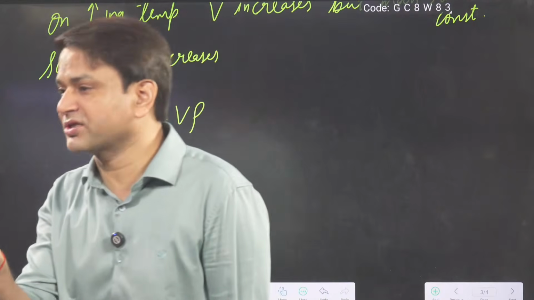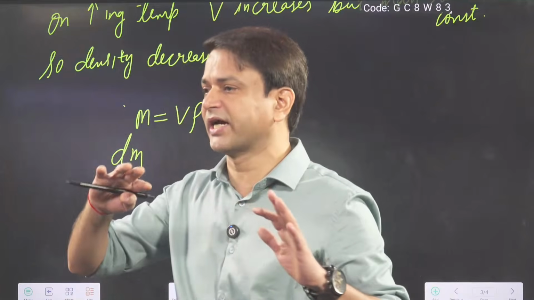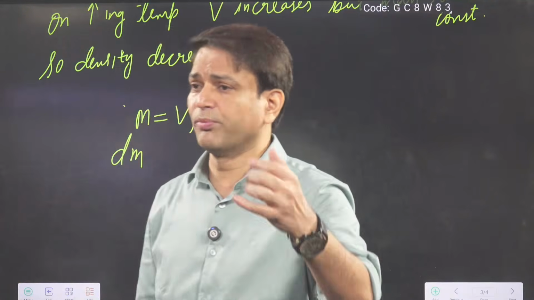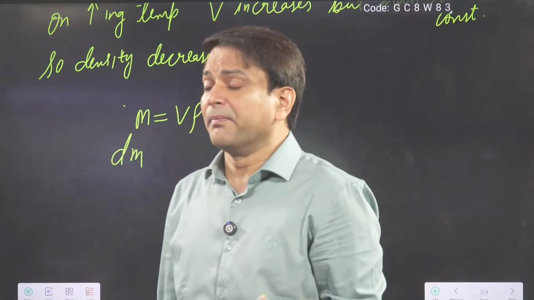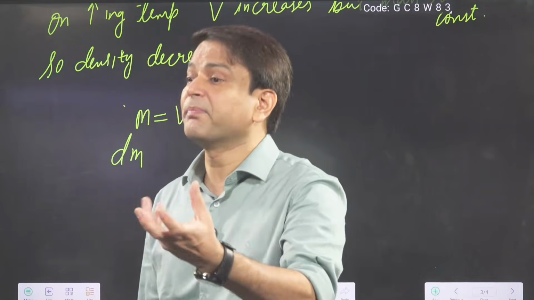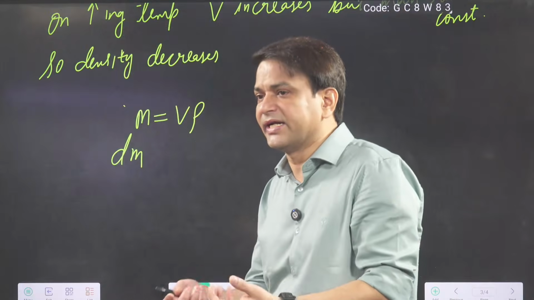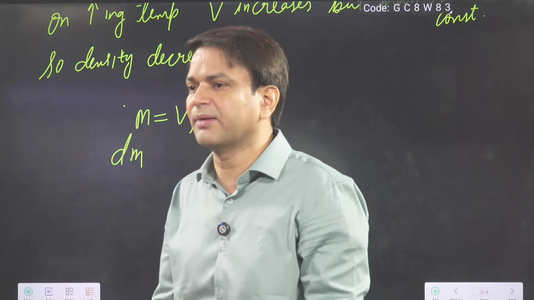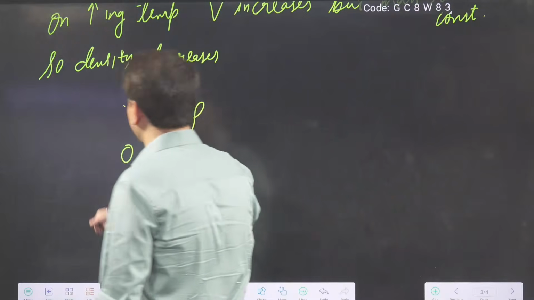Because mass is constant. The differentiation of x is dx, and the differentiation of mass is dm, but mass does not change, so the change in mass is 0. So the differentiation of mass will be 0.